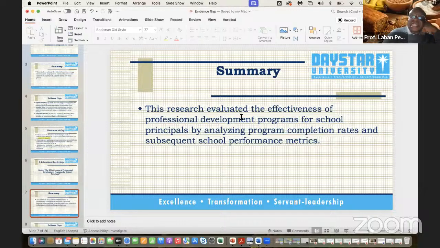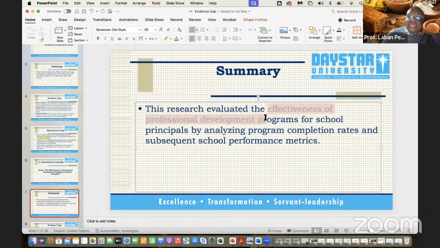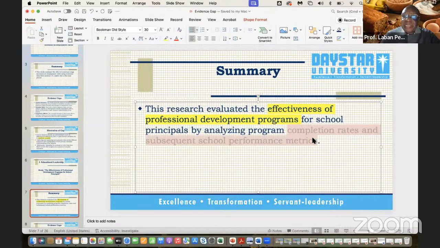So you see, the research evaluated the effectiveness of professional development programs. That was it. How effective is it? We have spent so much money for school principals, analyzing in terms of completion rates and subsequent school performance metrics.